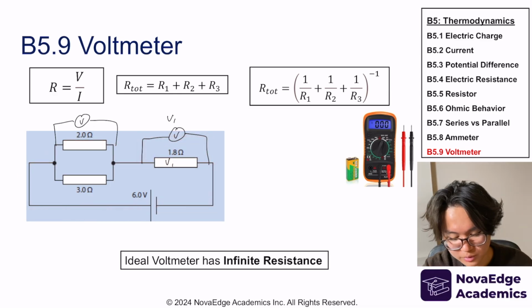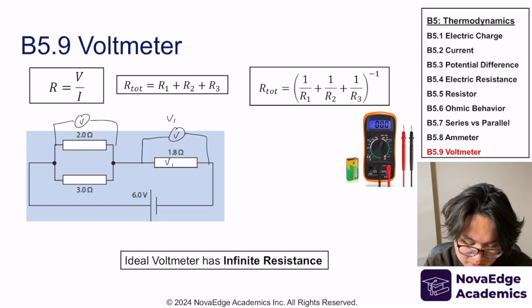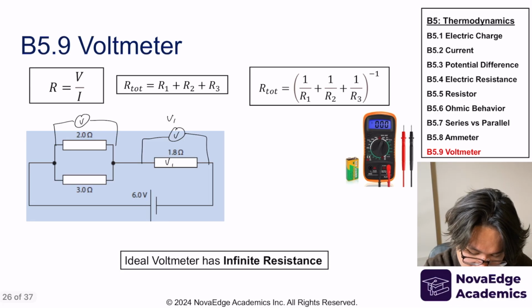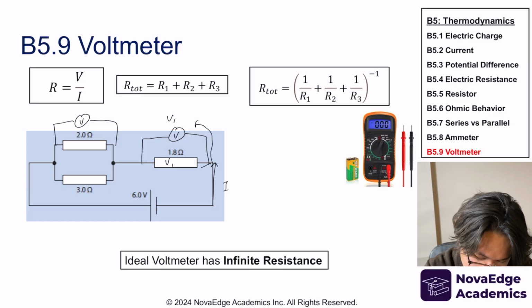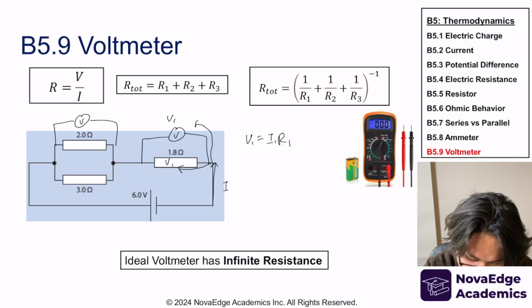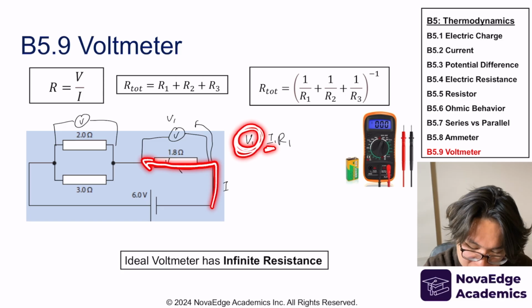The reason why is that if I have a current going through here and half of it goes here and half of it goes here, remember that V1 is equal to I1 times R1. So if I reduce the current going through here, what's going to happen? It's going to screw up the voltage that you're trying to measure.